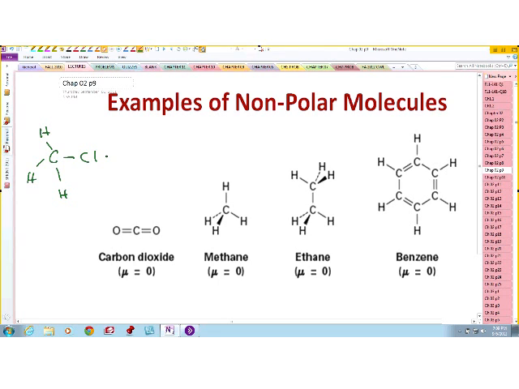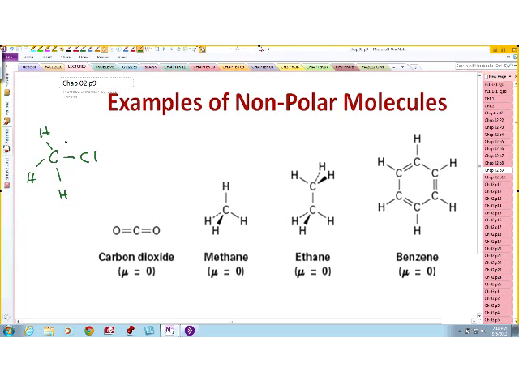Yes. Nobody's going to ask you what is the dipole moment, because that is a measurement that you have to do with an instrument. We don't expect you to know the dipole moment unless we give it to you. That is empirical data. But we expect you to recognize a molecule that is polar and has a dipole moment.